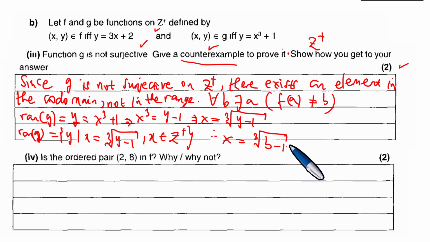If we take b to be 0, so that we have 0 minus 1, this will be the cube root of minus 1. The cube root of minus 1 is minus 1.